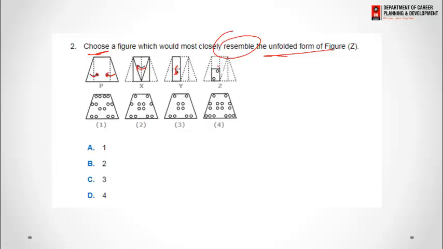Now when we unfold it, the first unfold makes two circles like that, and then we unfold it on the other side, and the same cut we have over this side and over this side. And when we unfold the last part, we have a circle here and a circle here. Then we can say the answer is quite similar to figure number 3 in the options. Hence the answer is option C for this question.